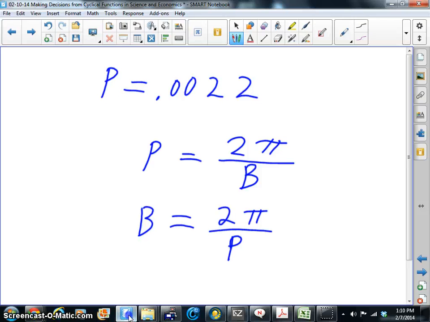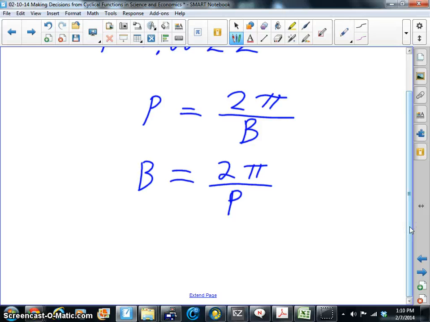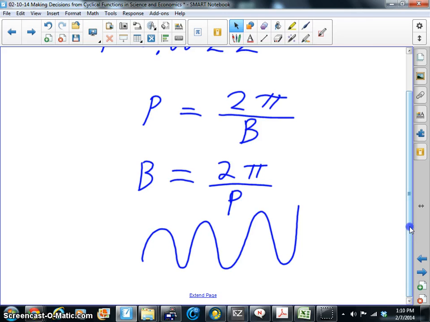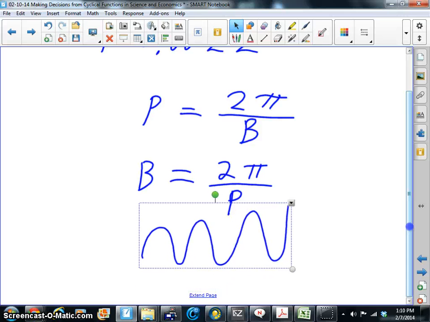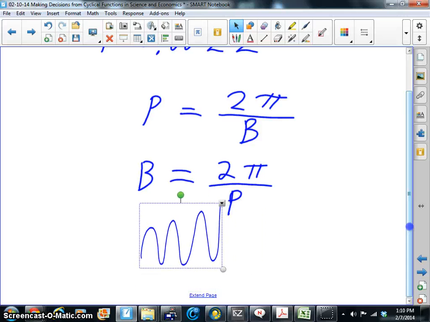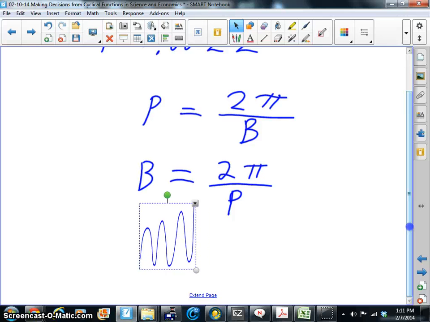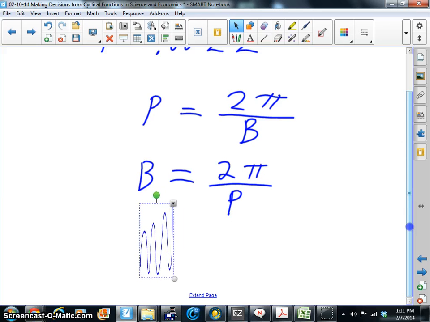And B really is what we call the phase shift. B controls this part of the graph. We have the start of the graph, and basically what it controls is how many periods will fit inside of 2 pi, depending on the size. If B is a big number, the wave will become smaller like this.